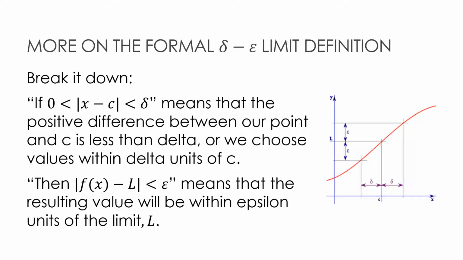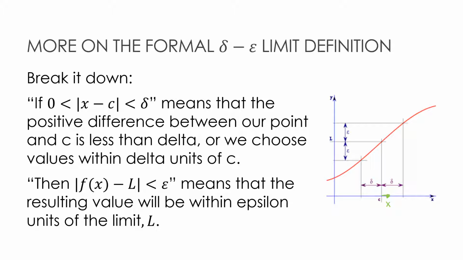We're saying if 0 is less than the absolute value of x minus C, which is less than delta, means that the positive difference between our point, so whatever point we're choosing, again, I'm just going to make up an arbitrary x, the distance here between x and C is less than delta. So obviously we're choosing a point closer than whatever our delta neighborhood allows for.